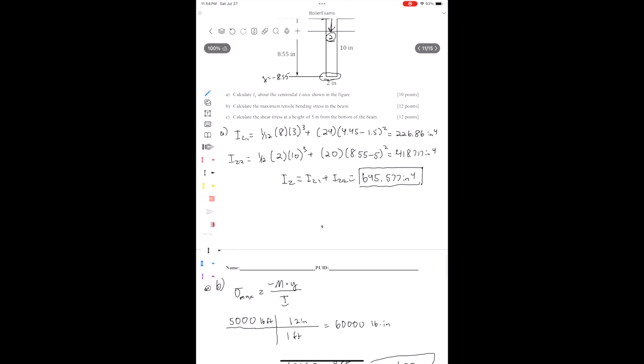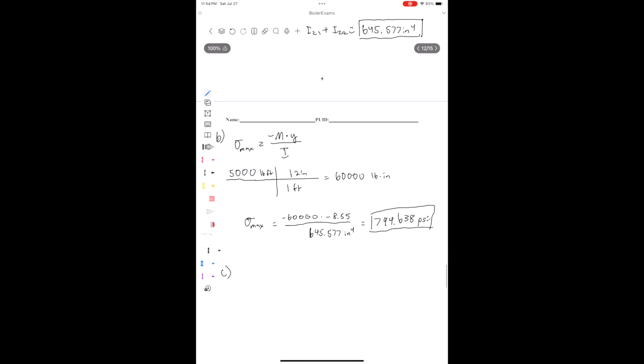Part C is asking for us to find the shear stress at a height of 5 inches from the bottom of the beam. So our formula for shear stress is going to be V times Q over IZ times T. V is, of course, our shear force, and then Q is going to be our first moment of area. So, quick little diagram of our beam here.